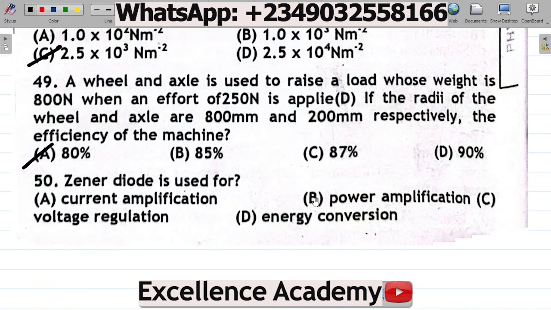Now, you want to note that a Zener diode is used for voltage regulation. So the correct answer there is C. The function of a Zener diode is to keep the voltage constant. And if it has to keep the voltage constant, that means it is regulating the voltage. So hence, the correct answer is C, voltage regulation.